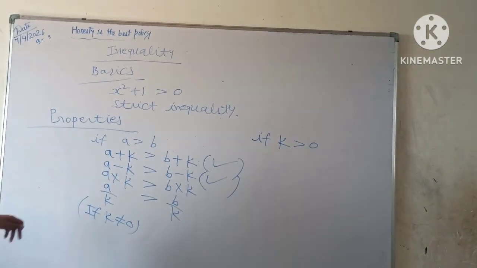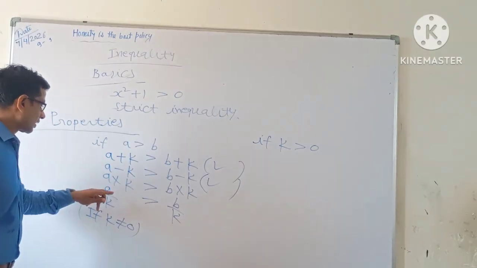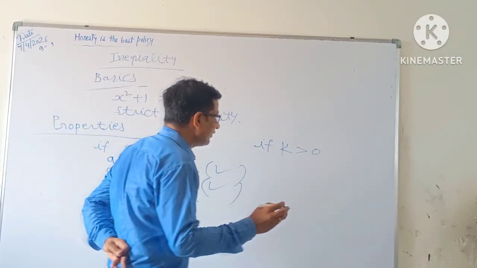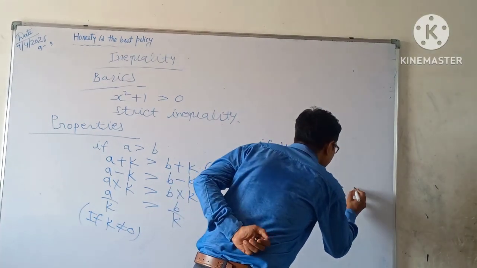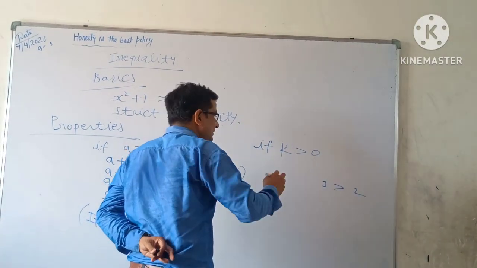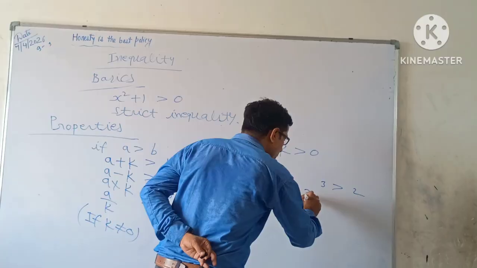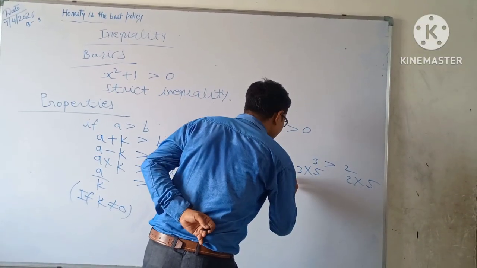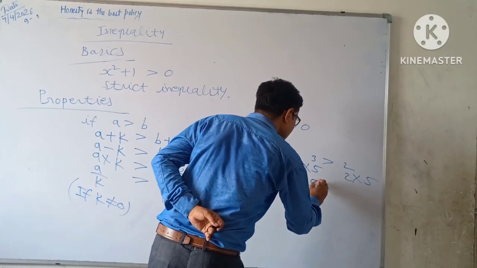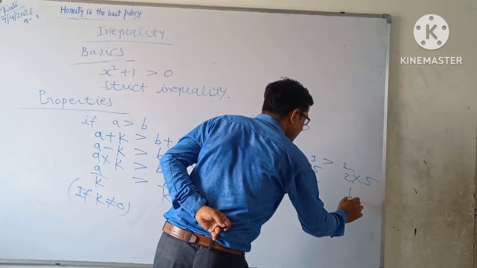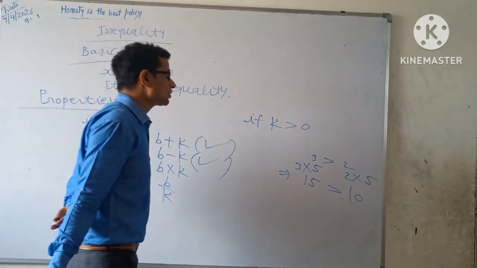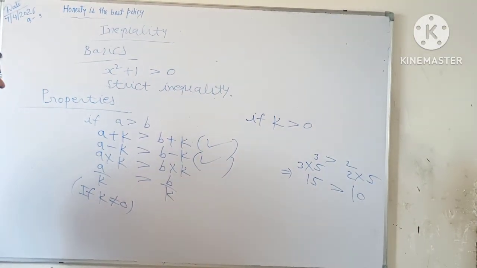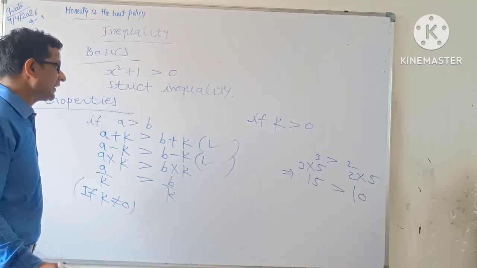But if we multiply by a positive K, what will we find? For example, 3 greater than 2. Let us take K as 5. If we multiply by 5 on both sides, 3 into 5 and 2 into 5, we find 15 and 10. The inequality holds true. In the previous example we had multiplied by a negative number.